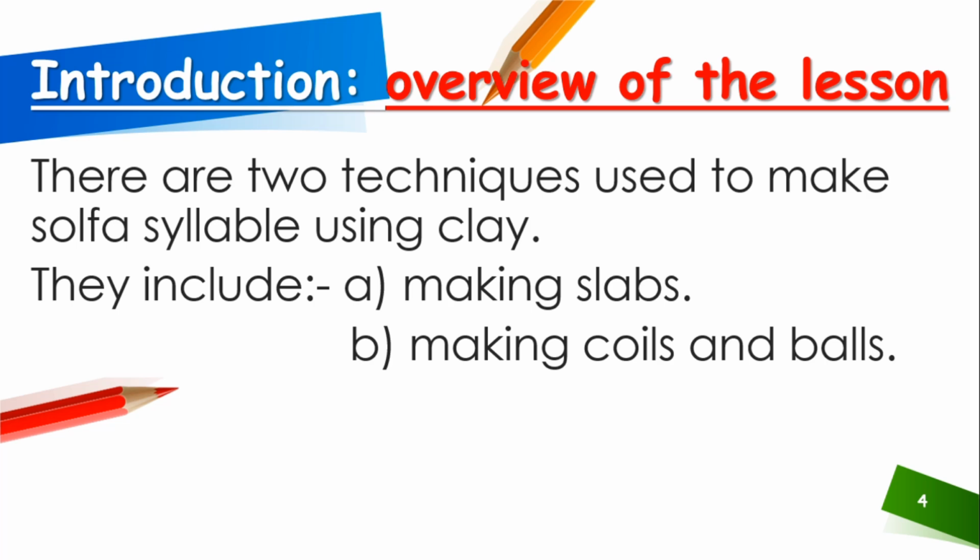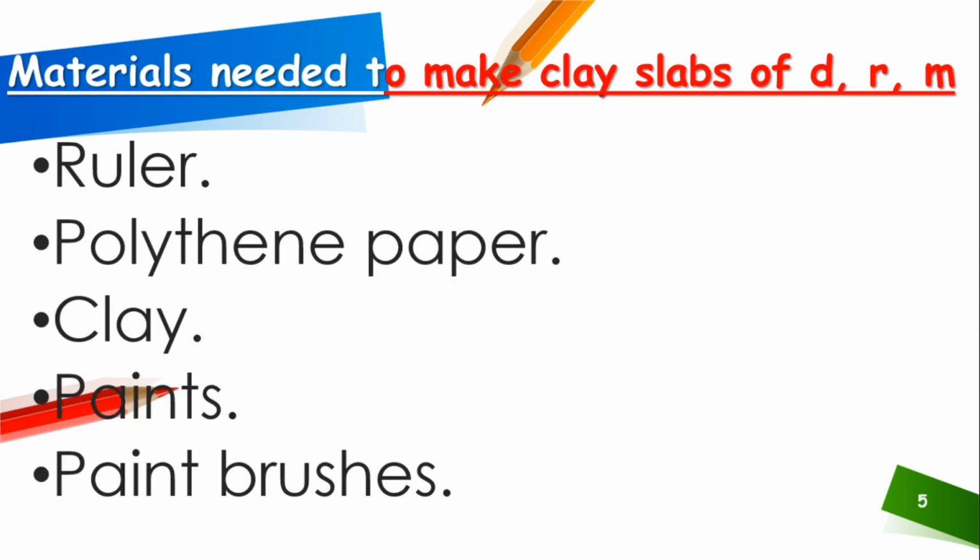Now we go to the next. Then you'll note down later. Are we together? Yes. Okay. Now when we are making the clay slab, we will use these materials. First one, the boys, ruler. Girls, holding papers.